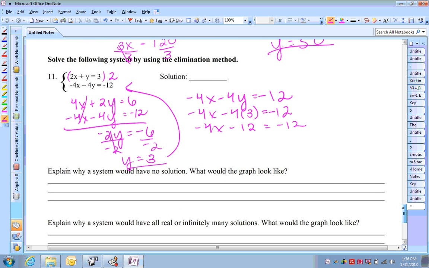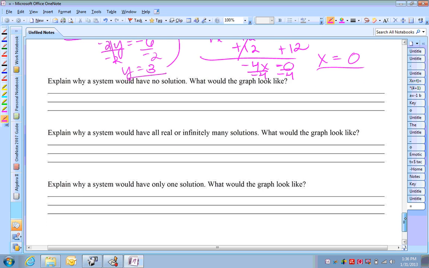So I add 12 to both sides. That cancels out, and I'm left with negative 4x equals 0. Divide by negative 4. So x equals 0 divided by negative 4, and 0 divided by anything is just 0. So my solution is 0, 3.